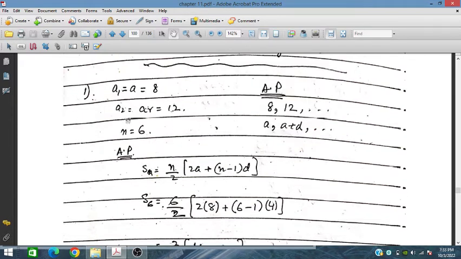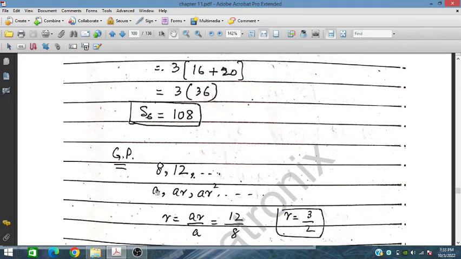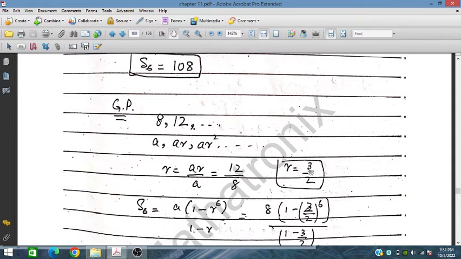For the geometric progression we have 8, 12 and the next term. We can find the value of r from the ratio ar divided by a. So 12 divided by 8 is equal to 3 by 2, and this is r.